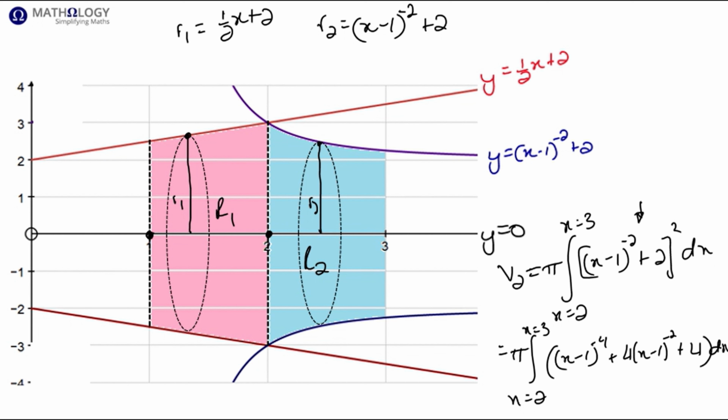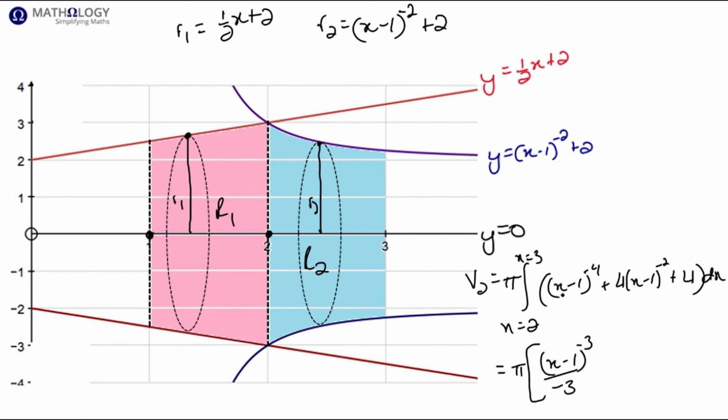That equals pi times the integral of (x minus 1) to the minus 4, giving (x minus 1) to the minus 3, and divide by minus 3. Also divide by the derivative of x minus 1, which is just 1, plus 4 times (x minus 1) to the minus 1, and then divide by minus 1. So we're just going to change this sign here to a minus. And then the integral of 4 will be 4x, and that's evaluated between x equals 2 and x equals 3.